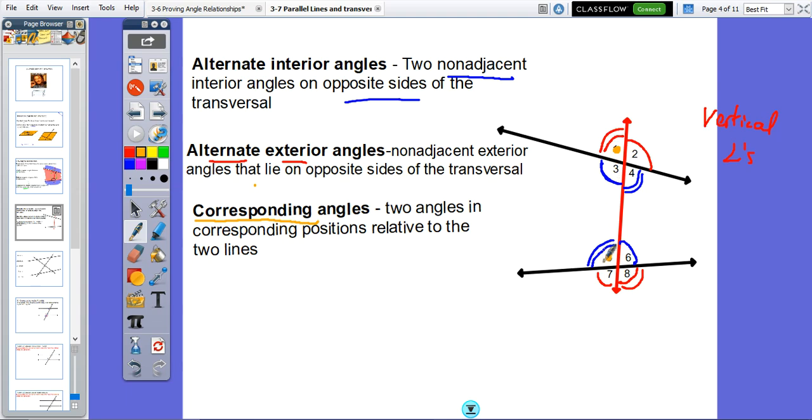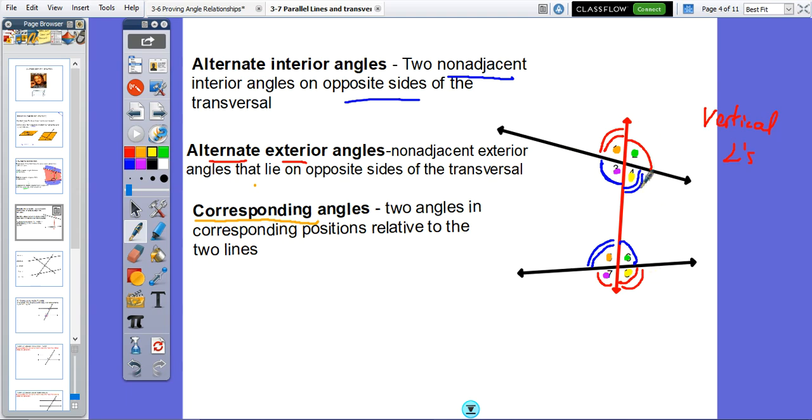These 2 angles are corresponding to each other because they're relatively in the same position as each other, just in a different group. So angle 2 right here is corresponding to angle 6. And then, of course, angle 7 is to 3. And hopefully you can assume the last one, 4 is to 8. These are corresponding angles. They're relatively in the same position as each other, just in a different group.